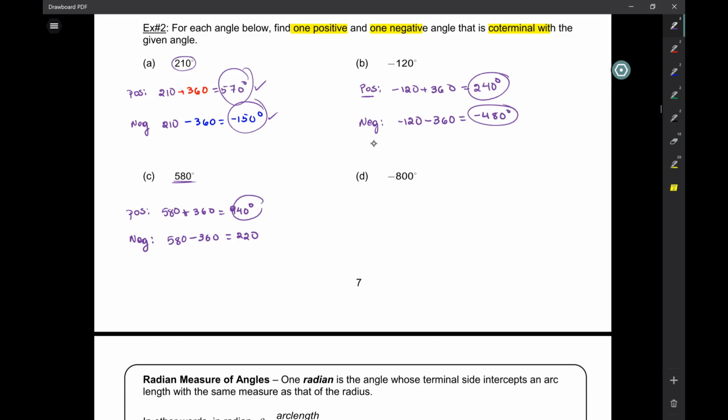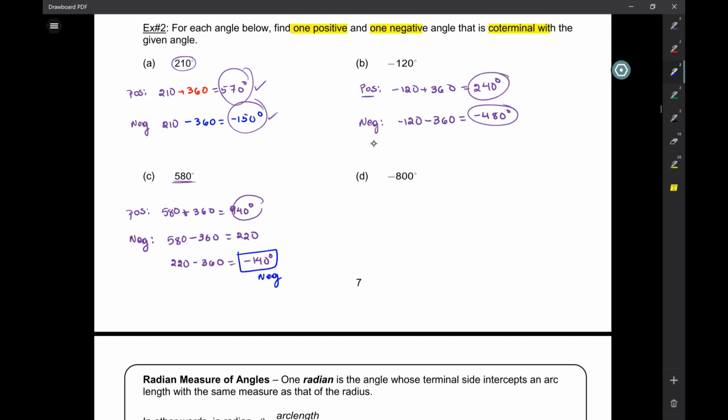So what am I going to do now? I'm going to take the 220 and subtract another 360 from that, and I get negative 140 degrees. Now, is that a negative value? Yes, it is. So that qualifies as the negative coterminal angle.